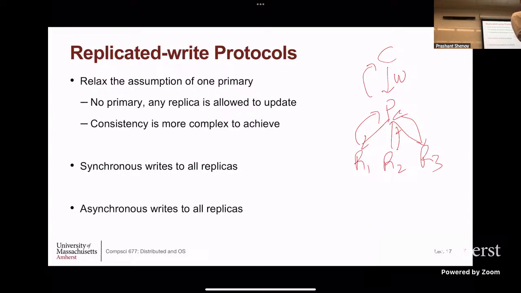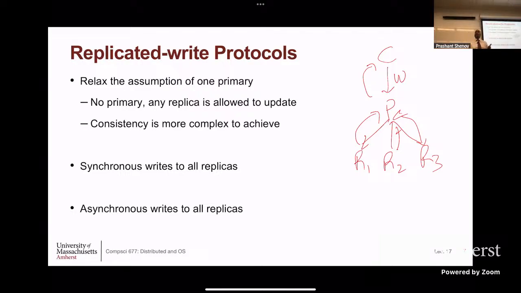In some sense, synchronous writes guarantee that all the replicas have been updated before the client is told the write has completed. That is good for consistency, because when the client says the write is done, you are guaranteed that every replica has been updated and has the most recent update of the data item.